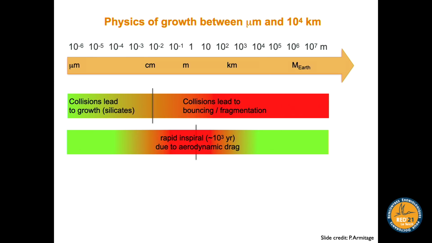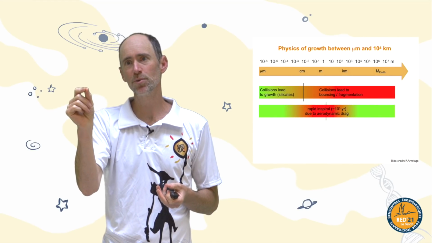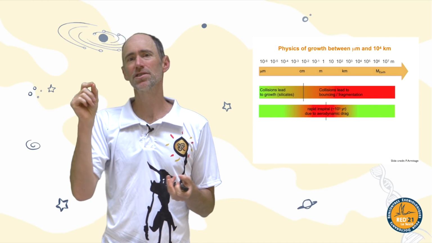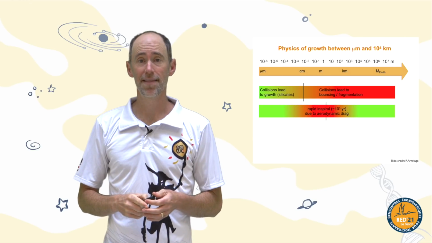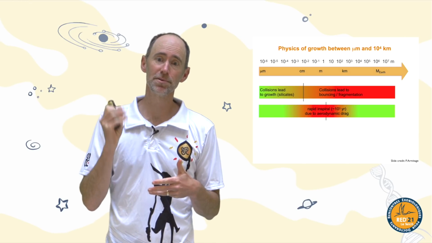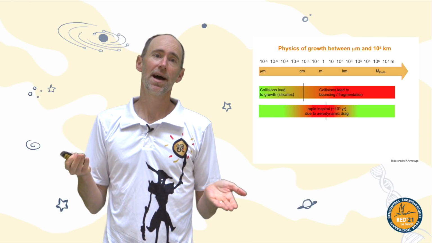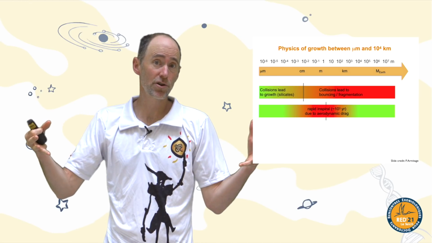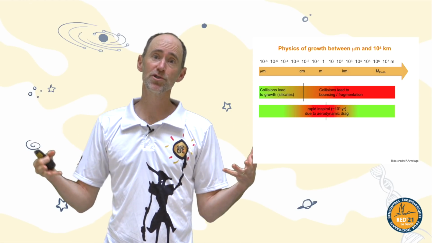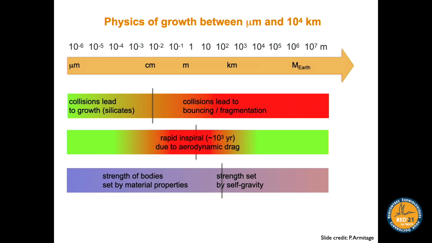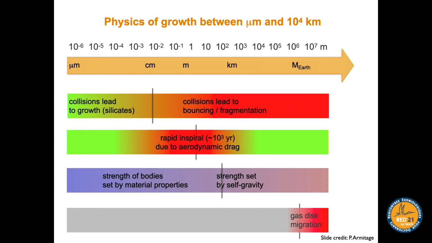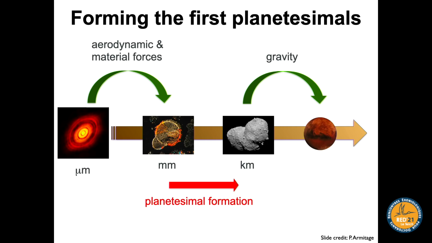So they feel a headwind. Things that are very small but still feel this headwind have very little inertia, and so they spiral in quickly. The things that spiral in the fastest are pebbles. That limits how big things can grow, because if things spiral too fast, they can't keep growing. There are also other barriers to growth involving the strength regimes, but we won't talk about that. Let's just move on.